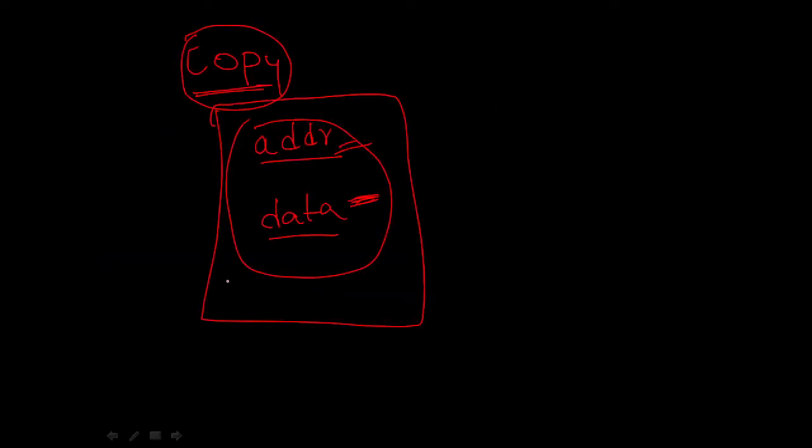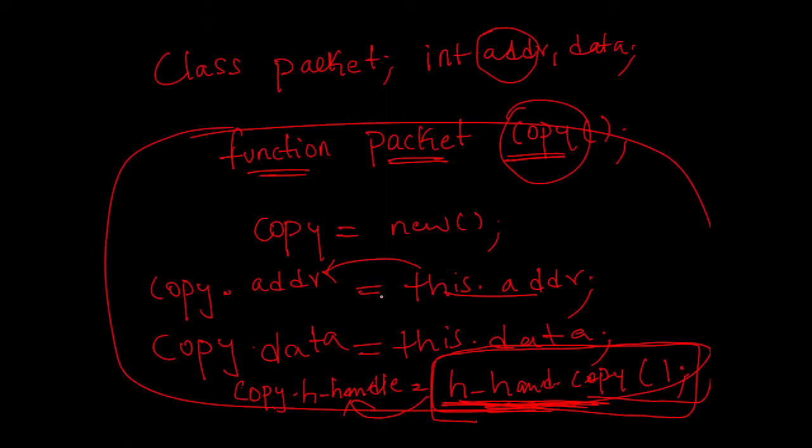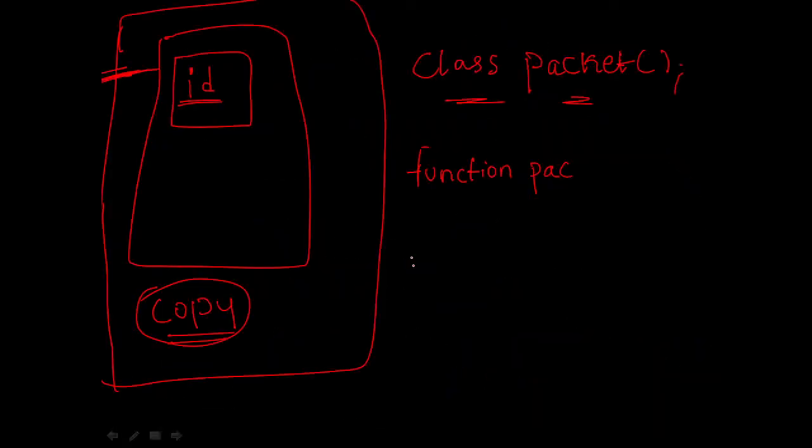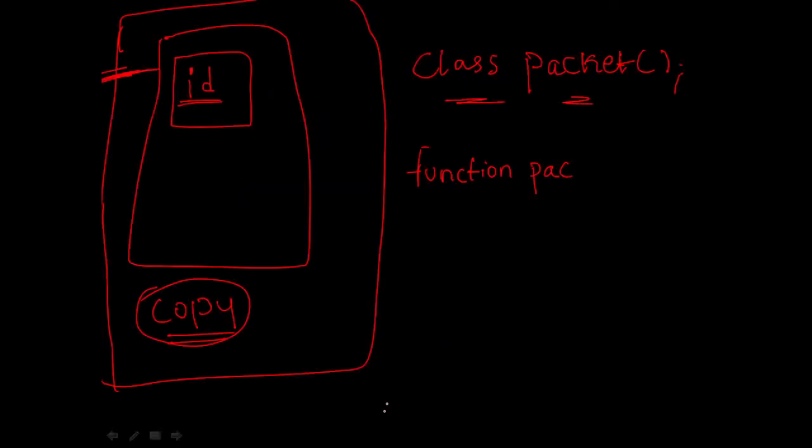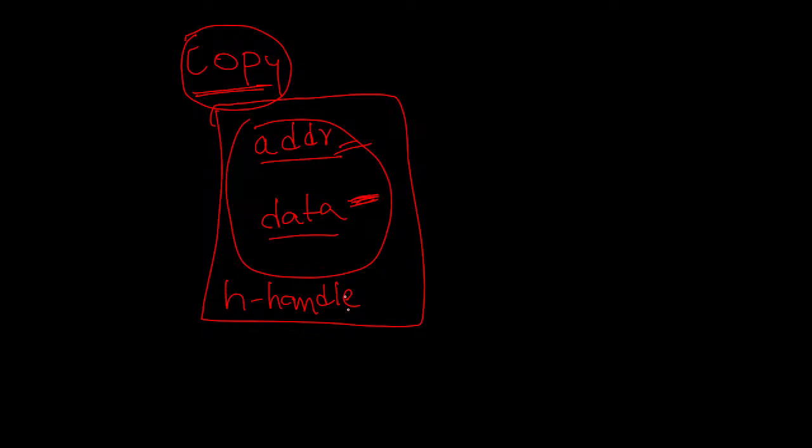So the h underscore handle will now point towards the object which has been created in the header class, okay. So this h underscore handle now will point towards the object which has been created in the header class.